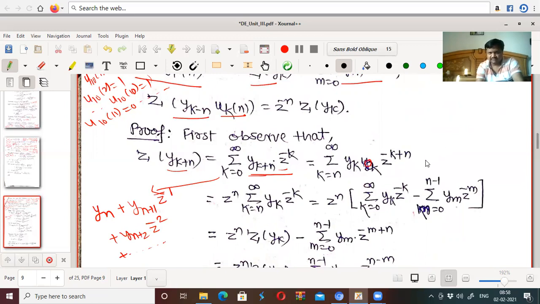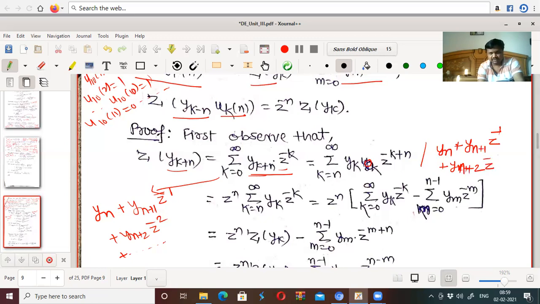What is the first term here? If I put k equal to n, you will get y(n) z to the power minus (k minus n), that is z to the power 0, that is 1, plus if I put k equal to n plus 1, you will get y(n+1) z to the power minus 1, plus y(n+2) by putting k equal to n plus 2.